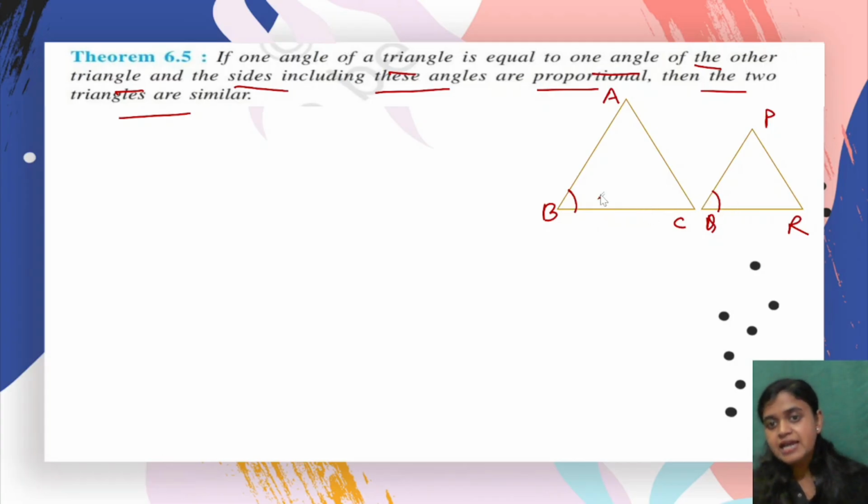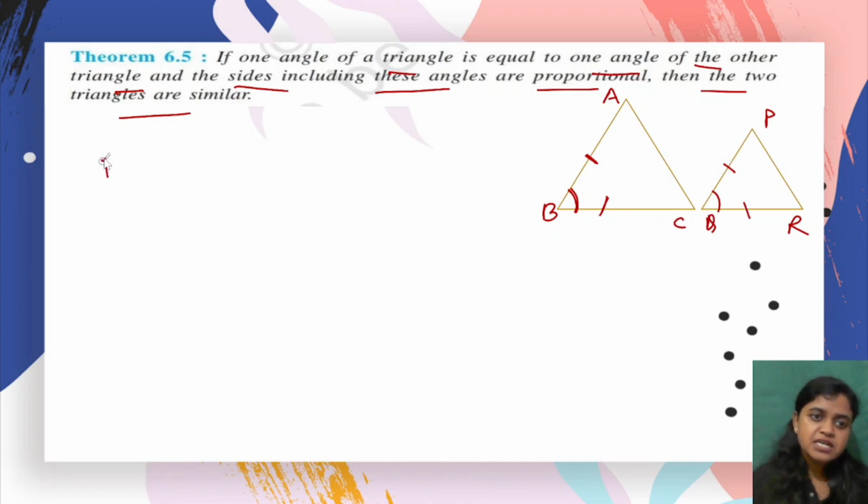The angle B includes the sides AB and BC, and angle Q includes the sides PQ and QR.